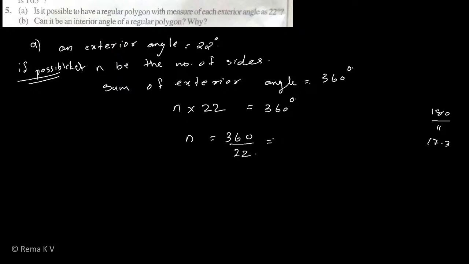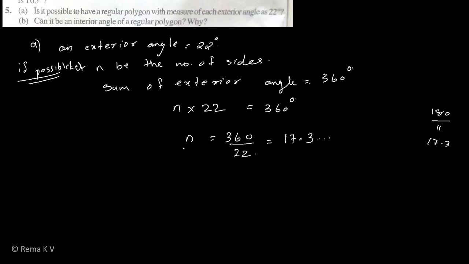This is equal to 17.333, etc. So is this possible, to have the number of sides 17.3?